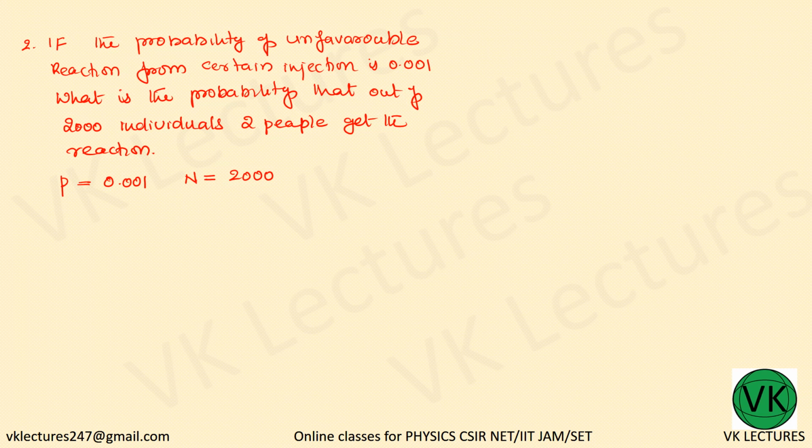So mu is equal to NP, that is N is 2000 into P is 0.001, which is equal to 2.